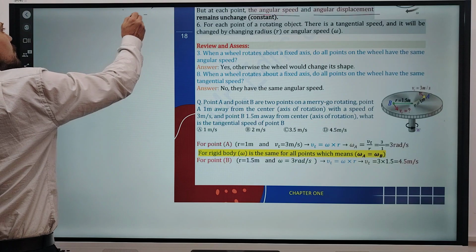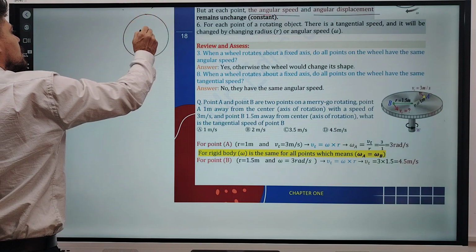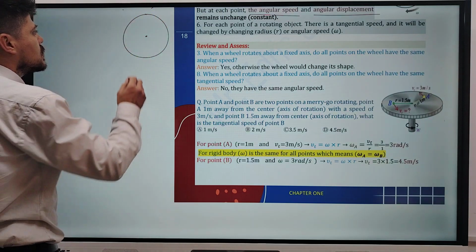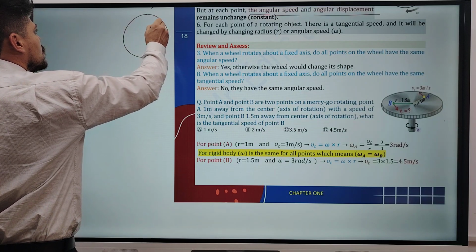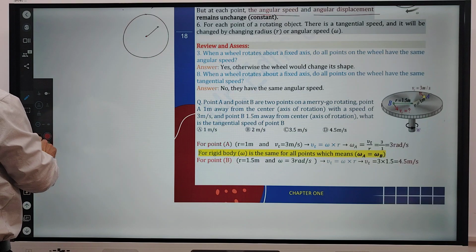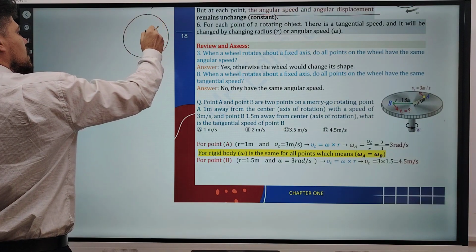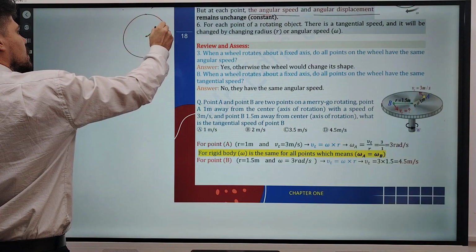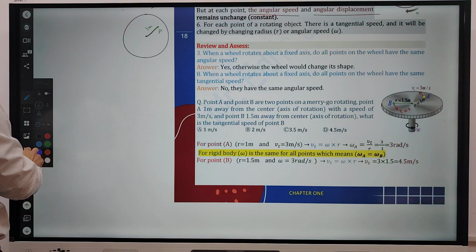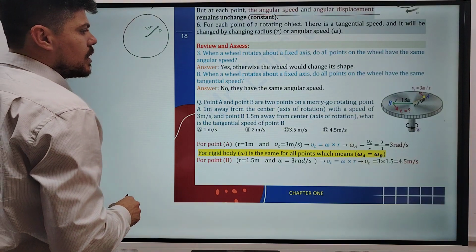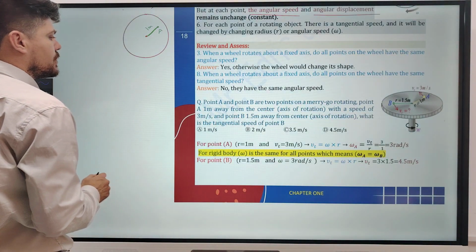This is the center of the object, the axis of rotation. This is point A. And point A has a speed of 3 meters per second.